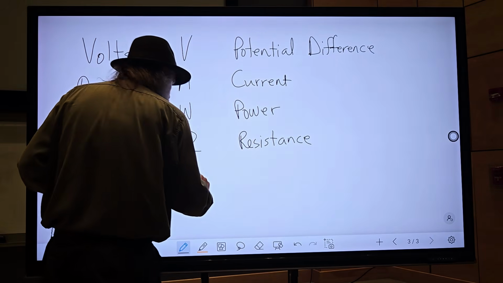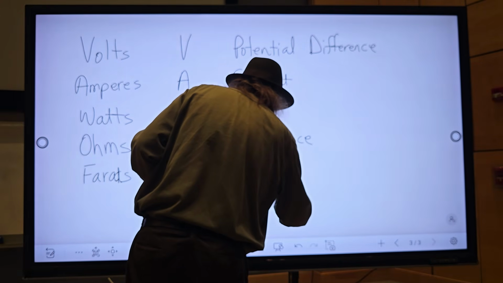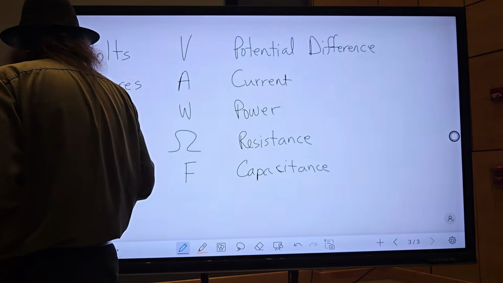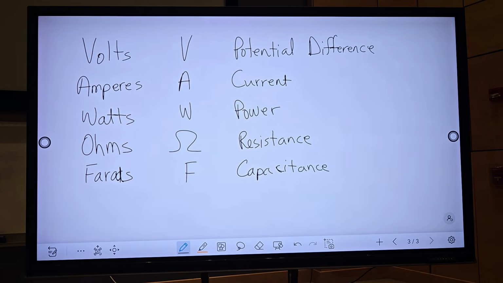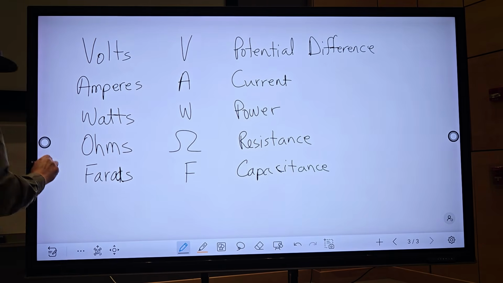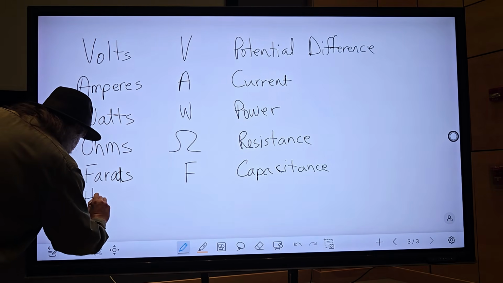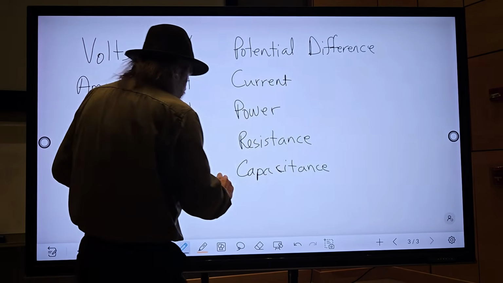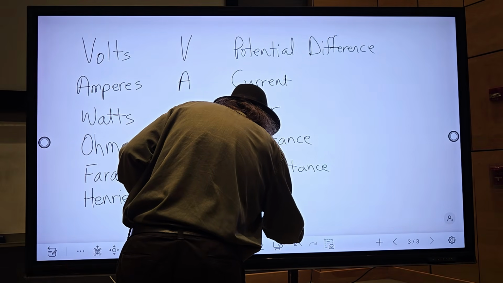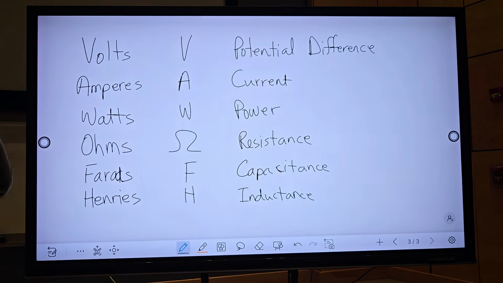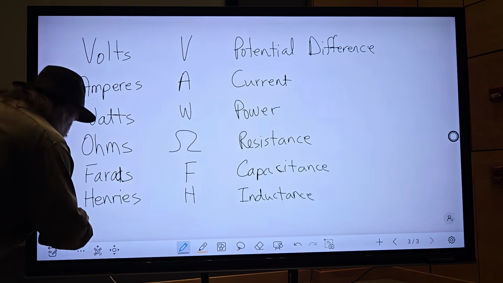That's an F. And for inductors, a type of component that we'll get to a little bit later in the course, inductance is measured in henries, H. And the last common one that you'll run into is hertz.